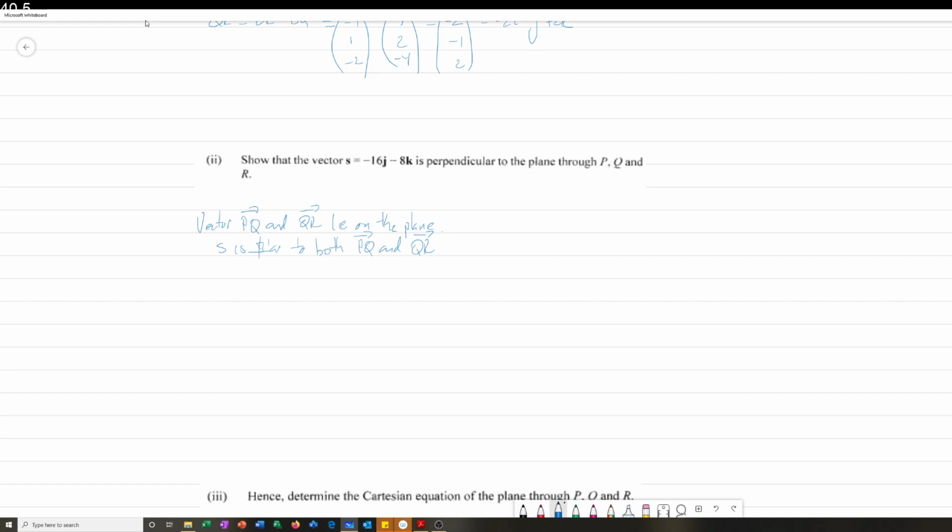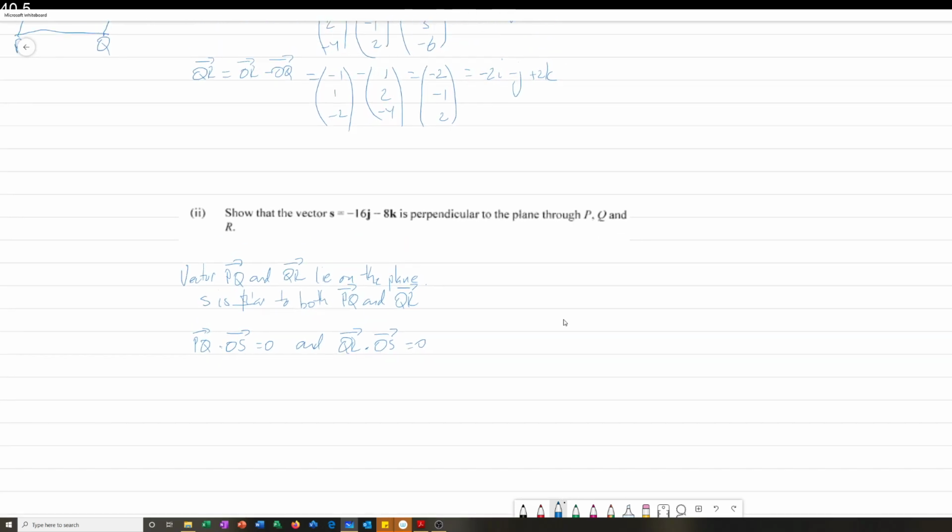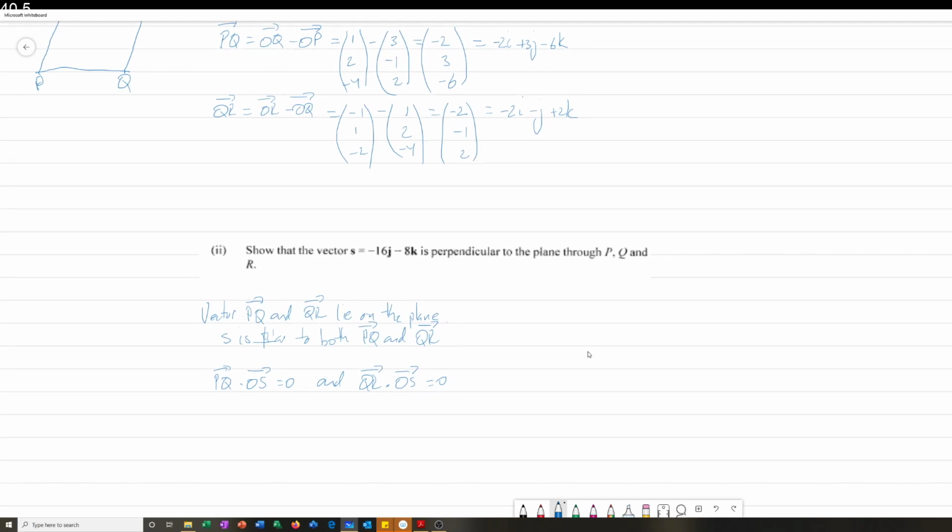What this means mathematically is that PQ dot OS is 0 and QR dot OS is also 0. So we now have to show that by using the dot product, which is very easy. So I just need to remind myself what PQ is.